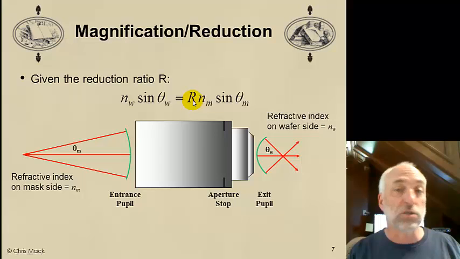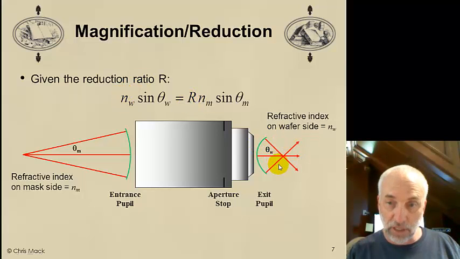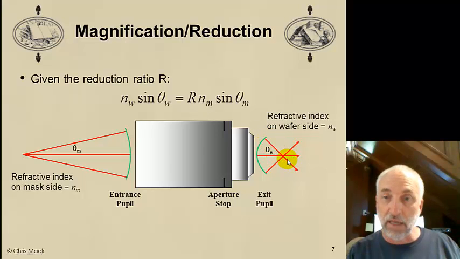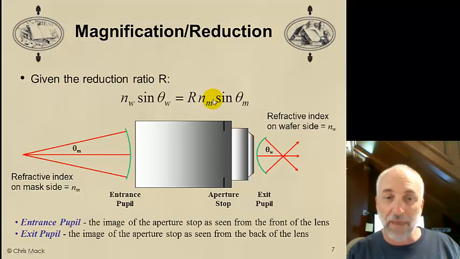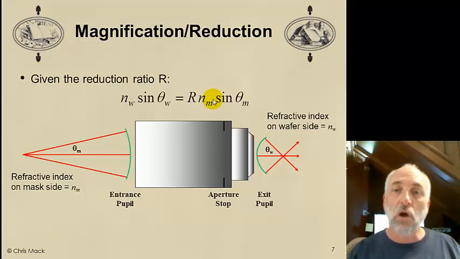So if R is 4, let's say, then the index of refraction on the wafer side times the sine of the angle on the wafer side will be 4 times bigger than the quantities on the mask side. So the angles get bigger.